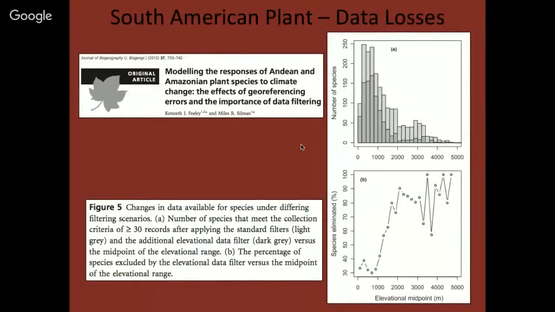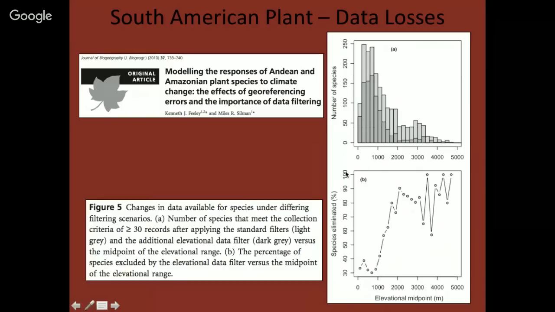In that data set, in that study of Andean and Amazonian plant species, the authors did a very interesting assessment of data losses.